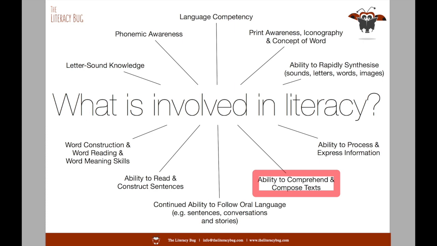And similarly, that they're composing texts with care and accuracy, adhering to the grammatical conventions, but also adhering to conventions of genre, etc.